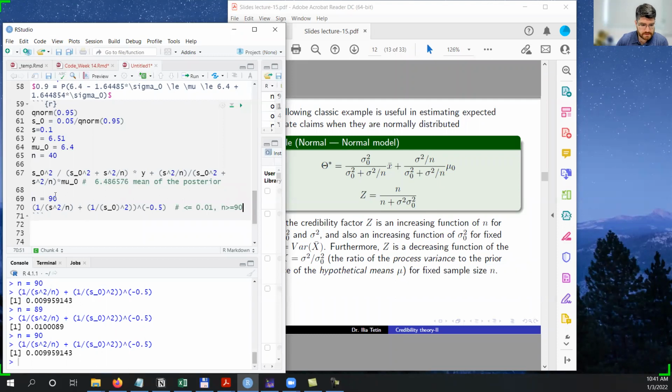I just picked the numbers randomly and was quite lucky to find the value which is okay. So 89 is not enough, but 90 is enough. But actually, you will have to replace everything to find out what n equals and express this value.